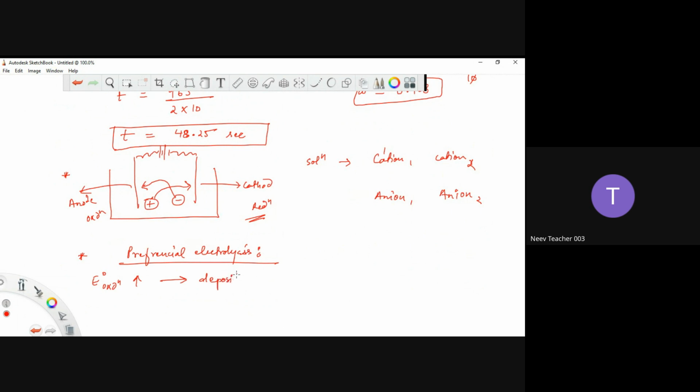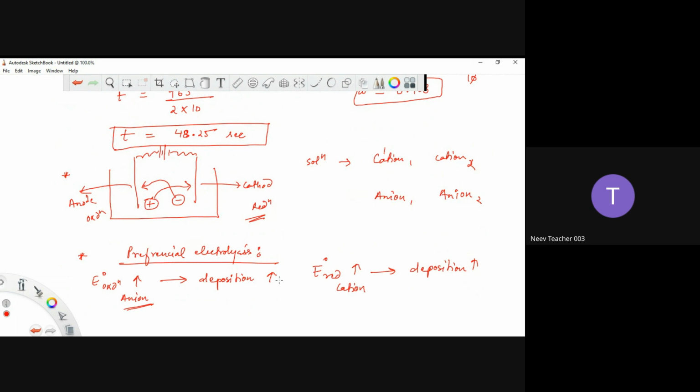The more the oxidation potential of the anion, the faster it will go to the anode and get deposited. Similarly, if the E naught reduction potential of the cation is greater, it will go faster towards the electrode and get deposited. So you need to check the electrode potential. The more the electrode potential of a particular anion or cation, the more will be its deposition.